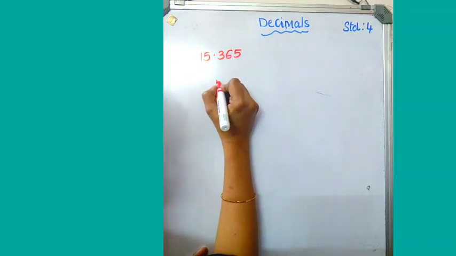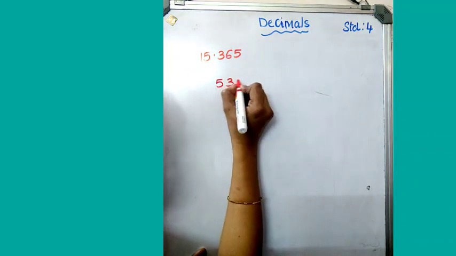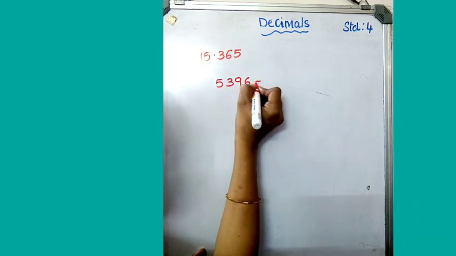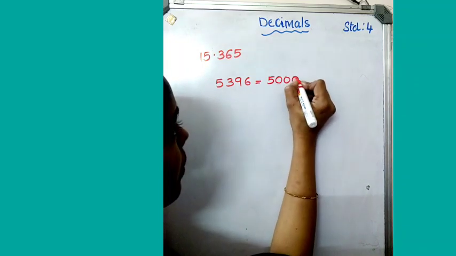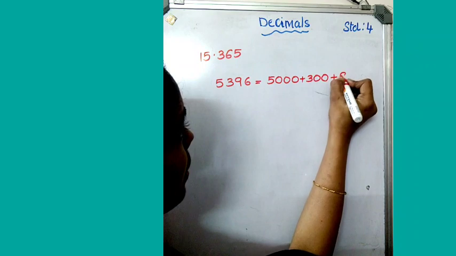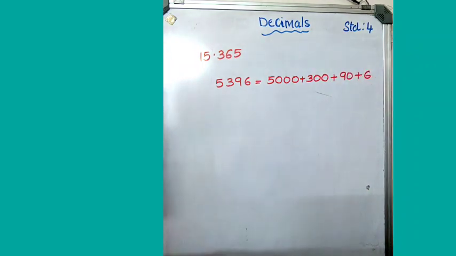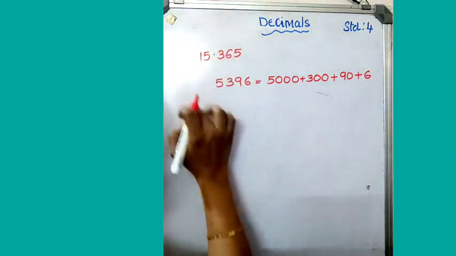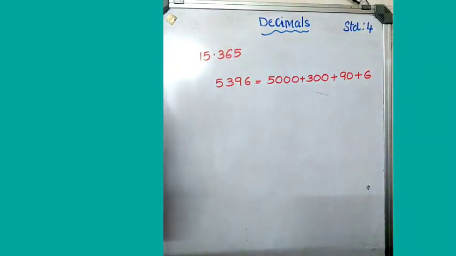We know that 5396, the expanded form is 5000 plus 300 plus 90 plus 6. This is in the case of the whole number. Then coming to the decimal number, how do you expand the number?